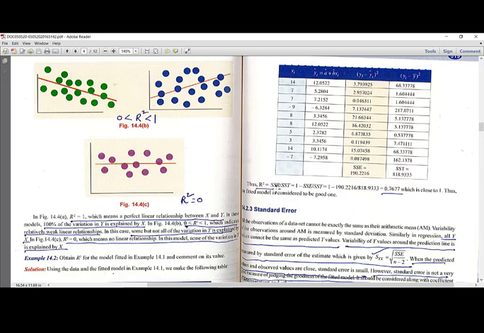Thus R square is equal to SSR by SST, which can also be written as 1 minus SSE by SST. By substituting these values, we get the R square value as 0.7677, which is close to 1. Thus, the fitted model is considered to be a good one.